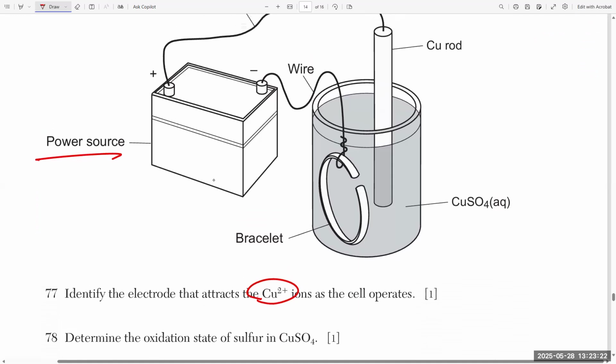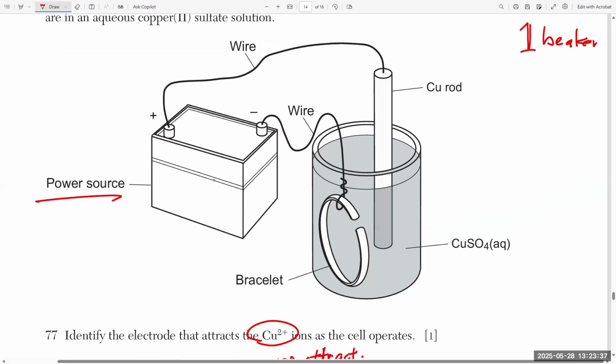Okay, so think about it. Cu2+ ions go to where, right? You remember opposites attract, right? Which means it's going to go towards the electrode that is negative. You remember in voltaic, I'm sorry, electrolytic, what did I say?